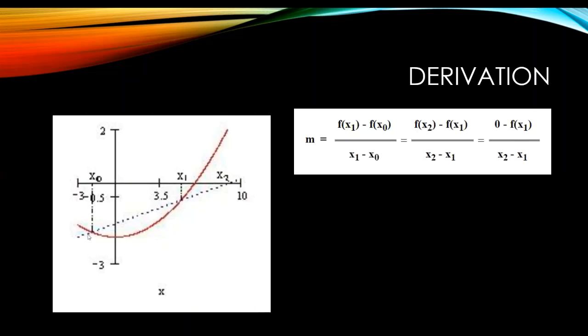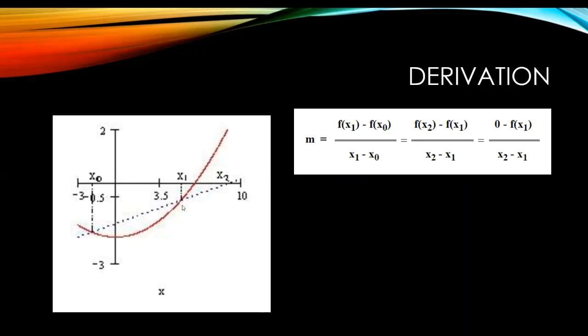We all know that slope is the rise divided by the run. The rise is based on the function and the run is based on the x value. Between these 2 points, x sub 0 and x sub 1, the rise is the function x sub 1 minus the function x sub 0, all over the distance between the 2 points, x sub 1 minus x sub 0.